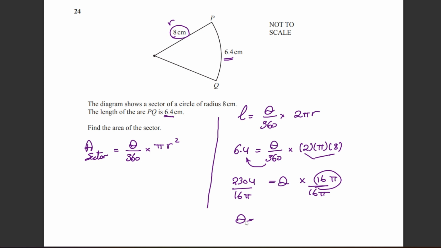So back here to the area, 45.8 over 360 multiplied by pi multiplied by r, which is 8 squared. So the area we also can calculate, 25.6 centimeter square.